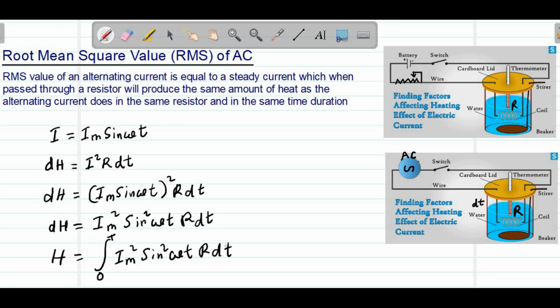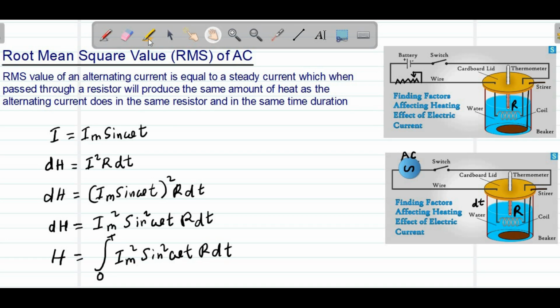In this equation we can see that Im square and R are constants. Im is the peak value of current, and resistance, both are constant. They can be taken outside the integration.